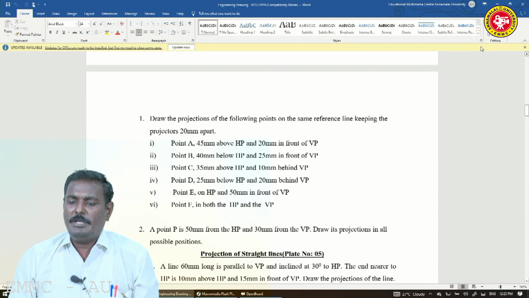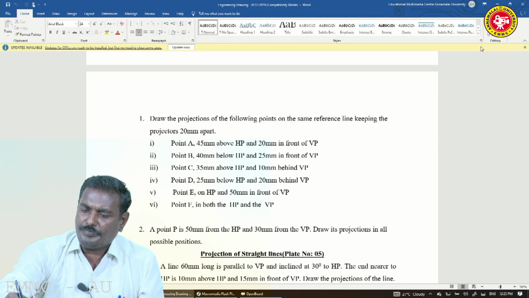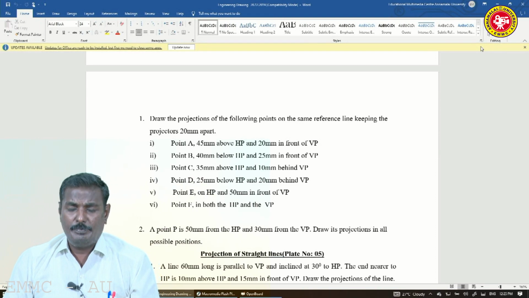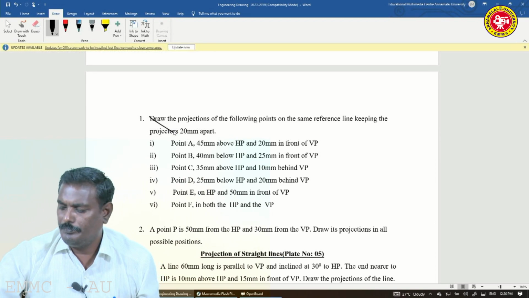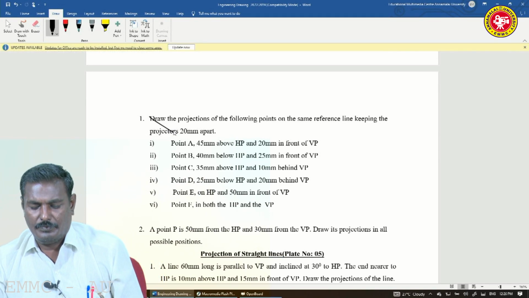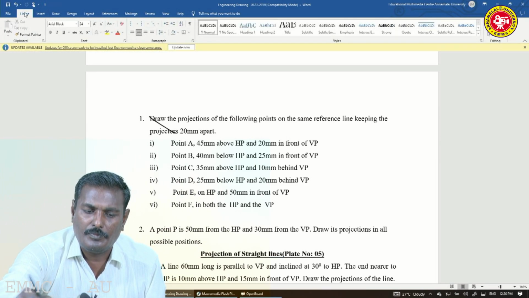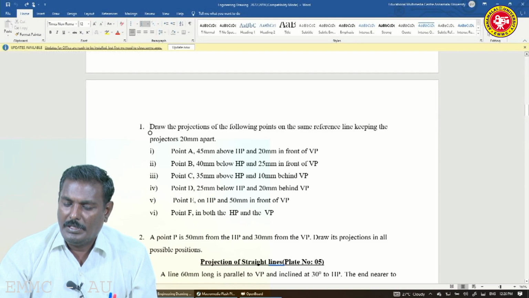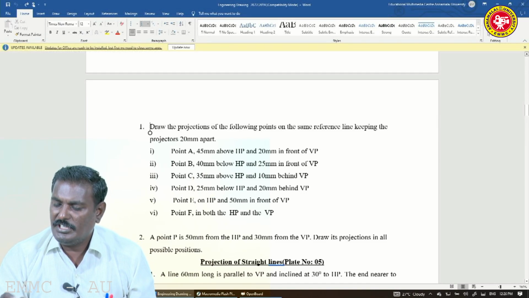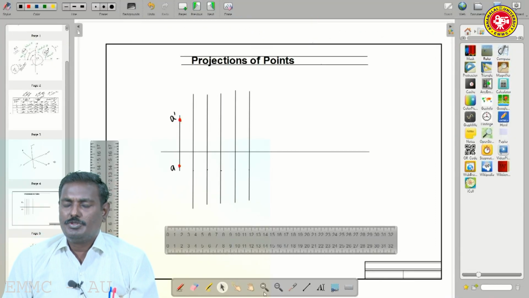What about point B? It is 40 mm below HP and 25 mm in front of VP. What is the meaning of below HP?